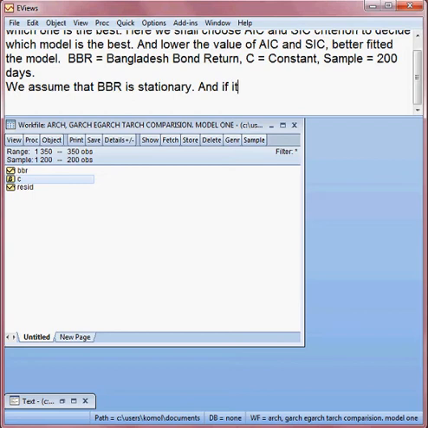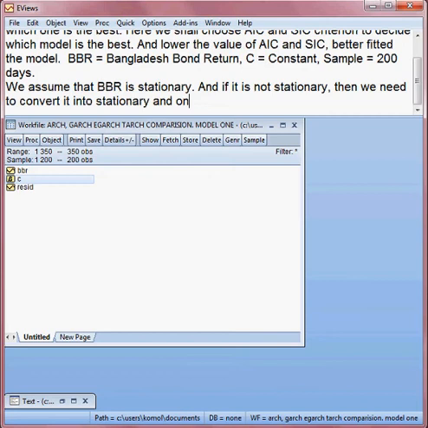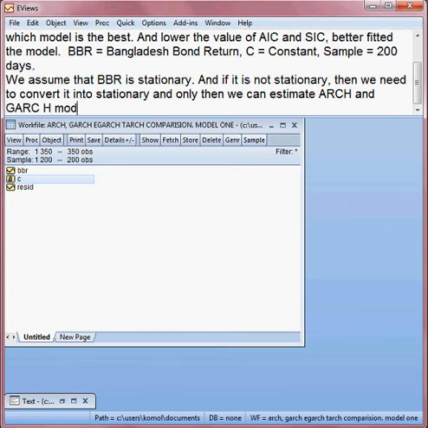If it is not stationary, then we need to convert it into stationary, and only then can we estimate ARCH and GARCH models, meaning that our variable must be stationary.